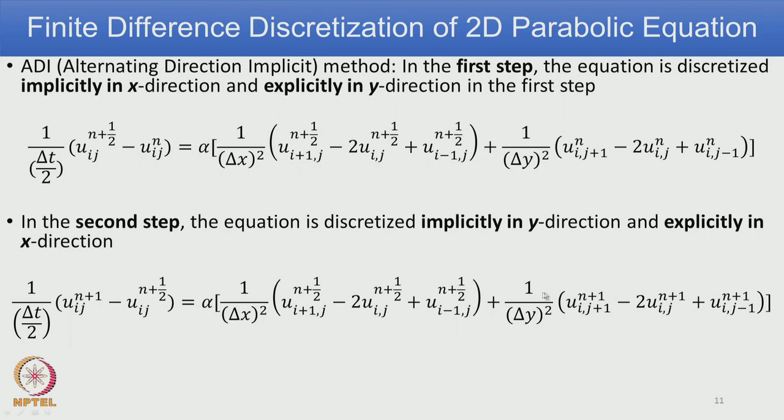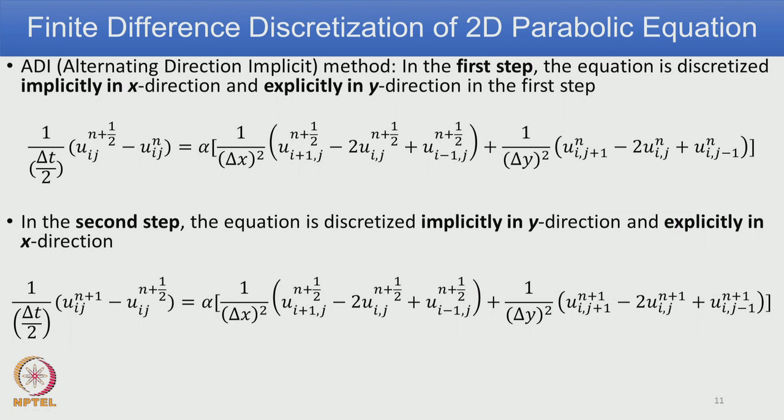You have actually come to the correct time level n plus 1, and it is implicit in y direction. The term that corresponds to the y direction is here, and you look at the superscript, they are all at n plus 1 level.